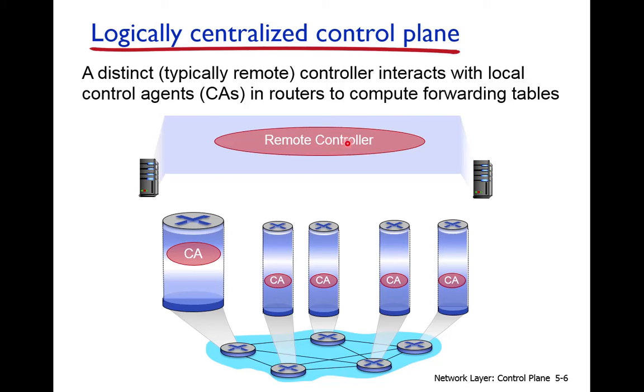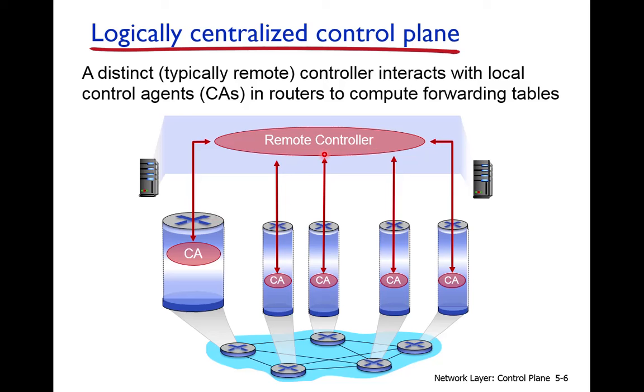So you can see that in SDN, or the logically centralized control plane, the control plane from each router is taken to a remote controller, and this controller computes the routing path for each router.